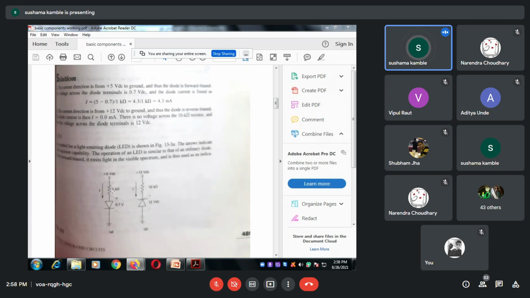Voltage difference between these 2 points divided by resistance is equal to current, because we are not applying directly this 5 volt. If diode is not there, then you can say the current flowing through this is 5 volt upon 1k, isn't it? अगर यहाँ पे डायोड नहीं रहता, सिर्फ रेजिस्टर ही रहता, तो हम लोग करंट कैसे फाइंड आउट करते हैं? जस्ट ओनली V upon R. Am I right?